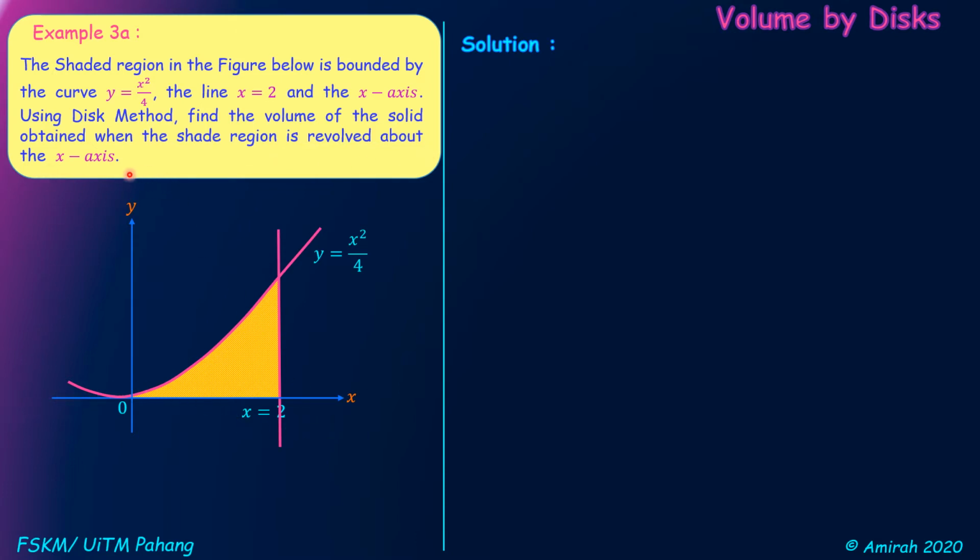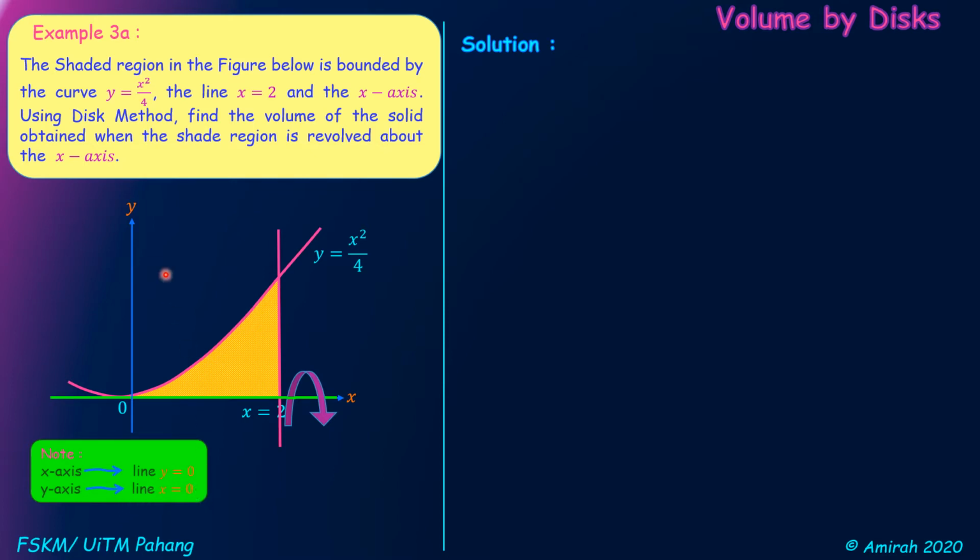From the given question, the axis of rotation is the x-axis. This is the rotation symbol. Note that x-axis means line y equals 0 and y-axis means line x equals 0.